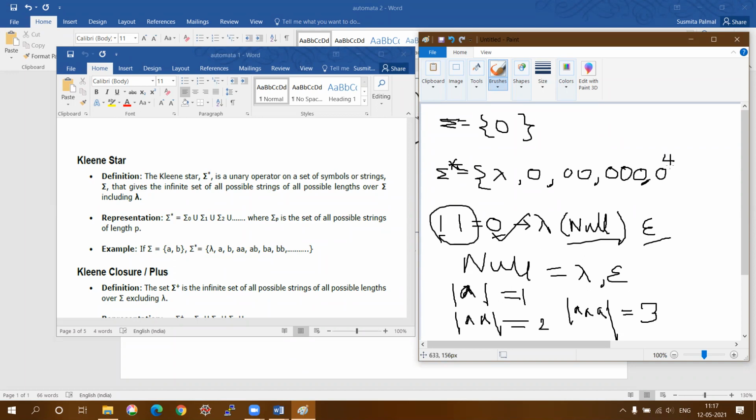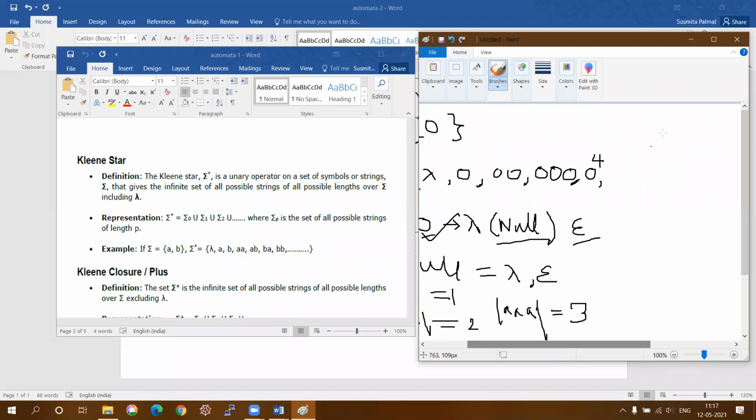To the power means the repetition, not the multiplication. In automata, 0 to the power 4 means 4 zeros, and 0 to the power 5 means 5 zeros. That means the sequence and not the multiplication.